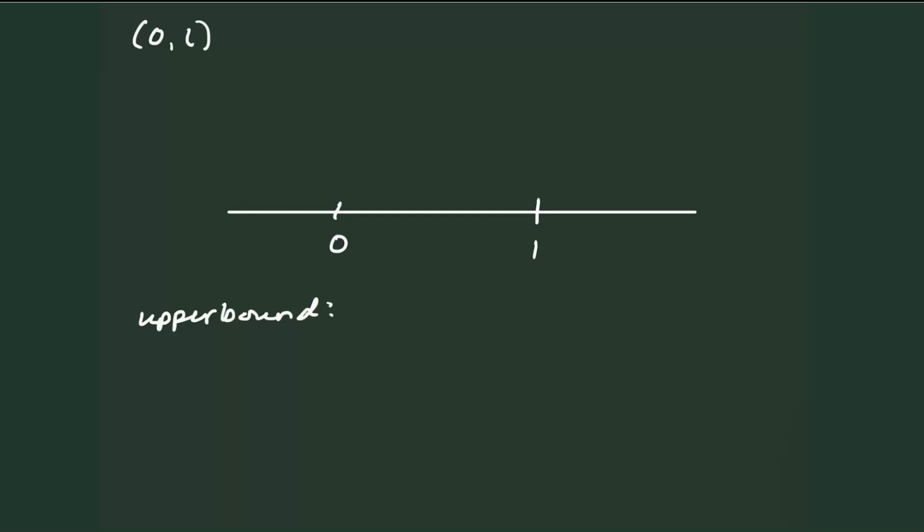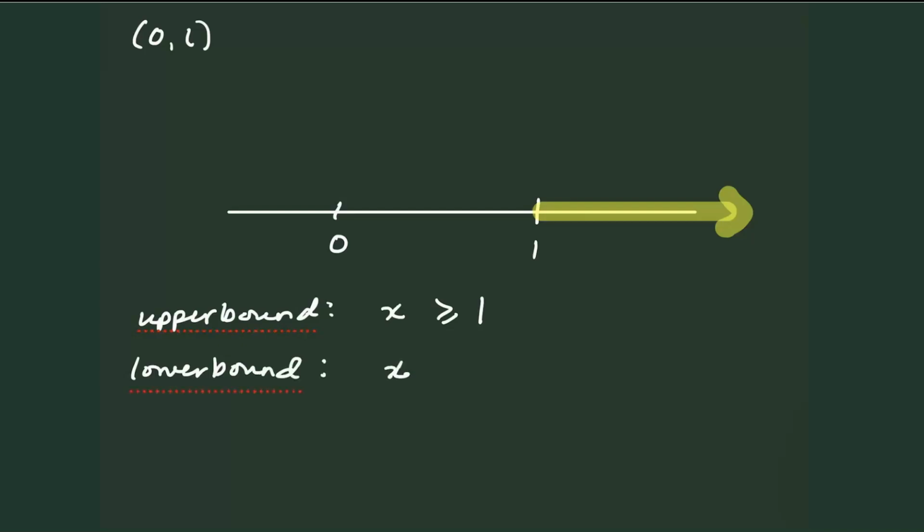An upper bound would be anything which is greater than or equal to 1, correct? So, any x as long as that x is greater than or equal to 1. And a lower bound would be any number which is less than or equal to 0.